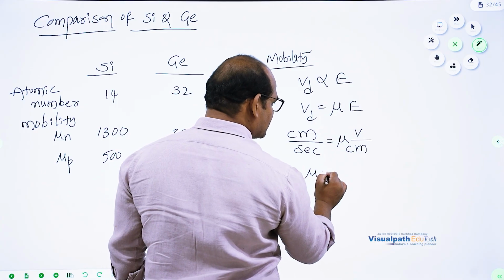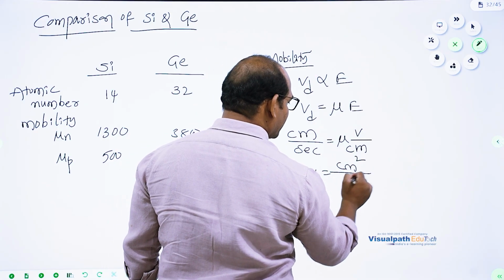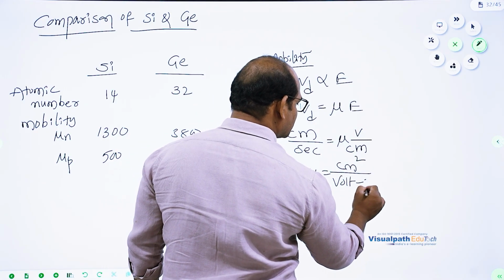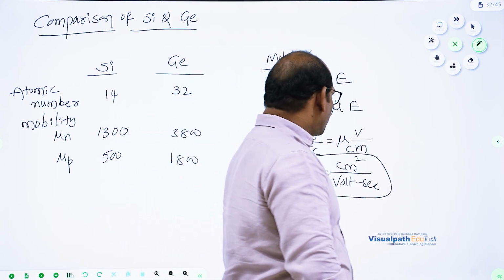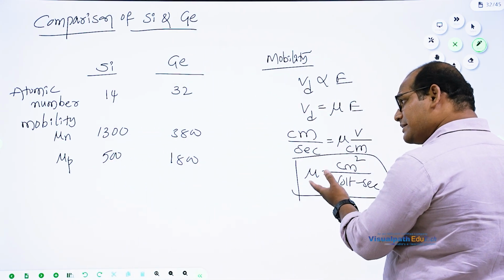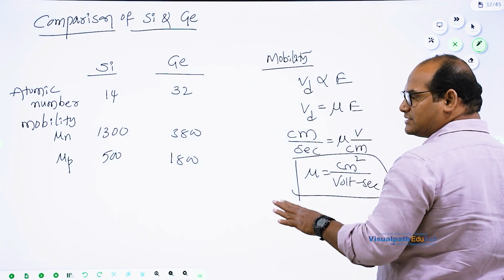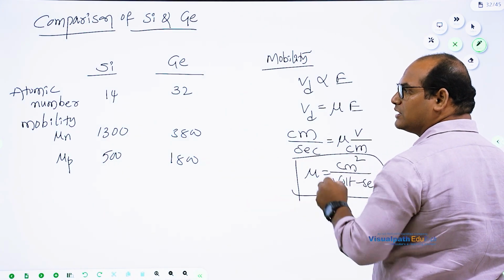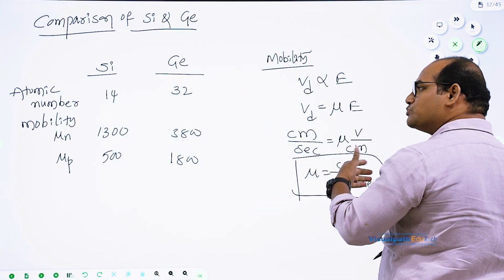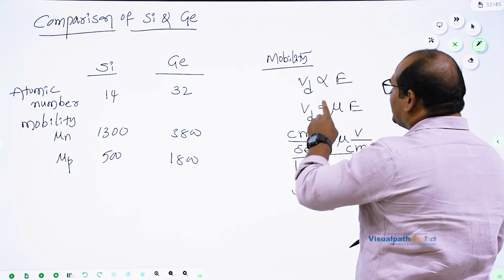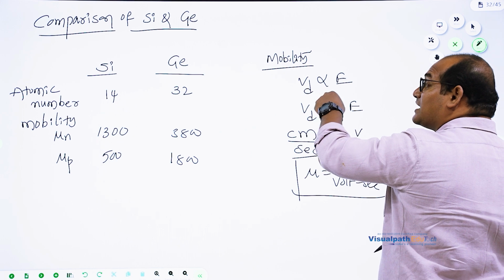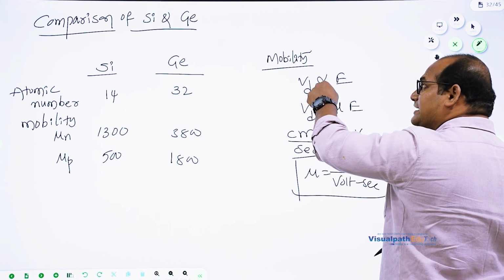So mobility units will be centimeter square per volt second. Very important this one. Mobility is the ability of the charge carriers, that may be electron, that may be hole, with that ability how it is moving. That is nothing but mobility. With the application of the electric field, velocity can be provided to the charge carriers.